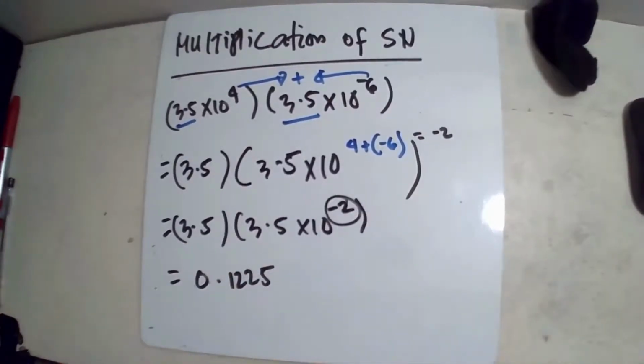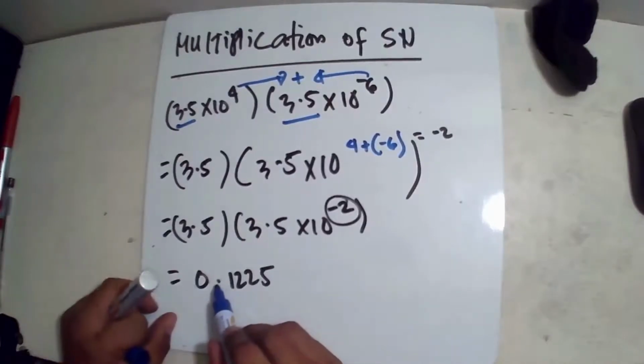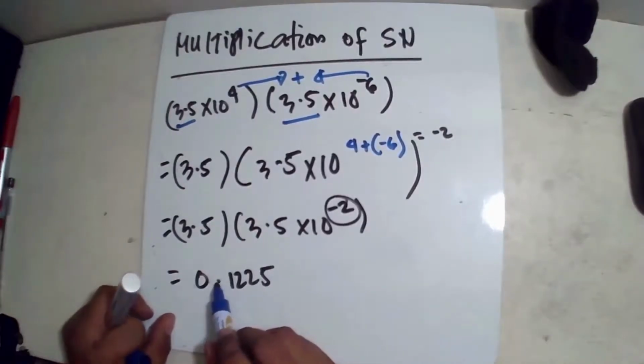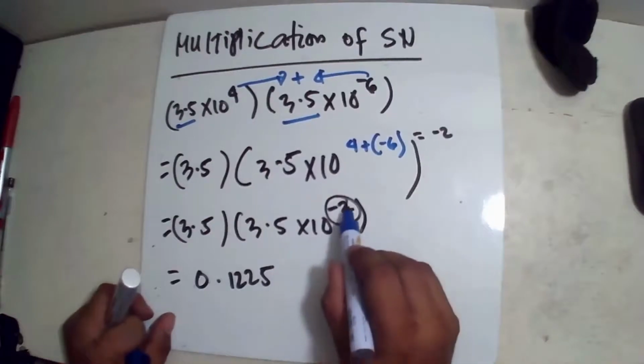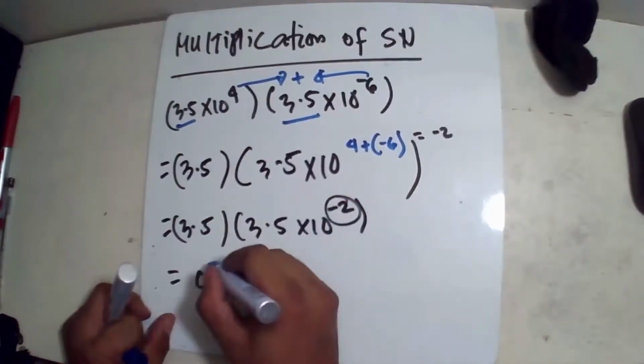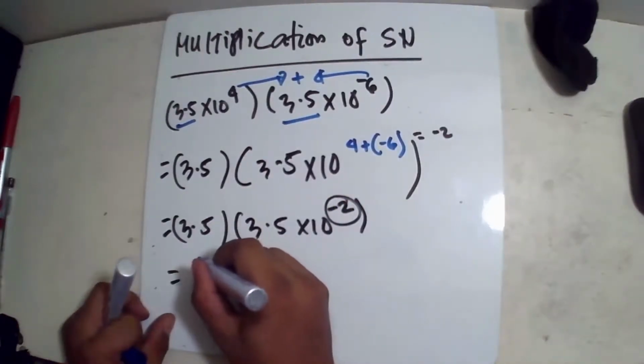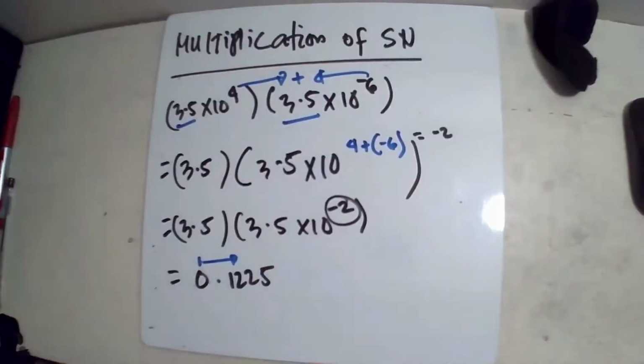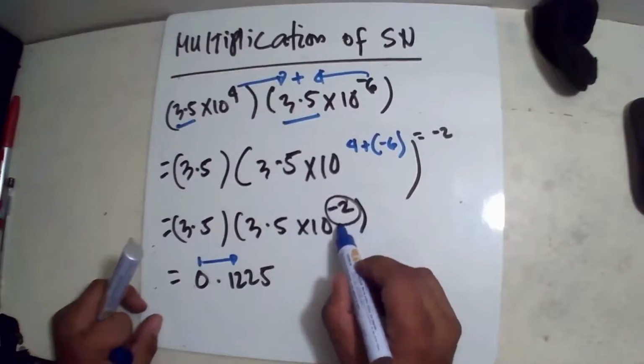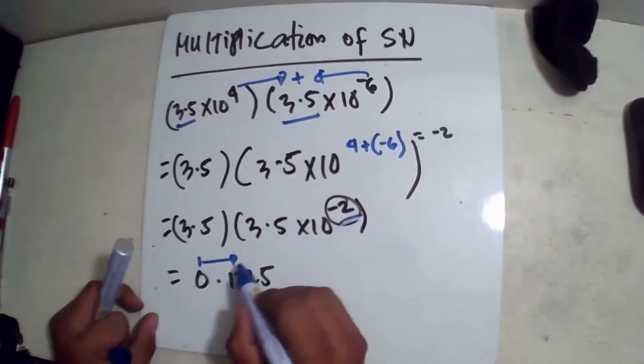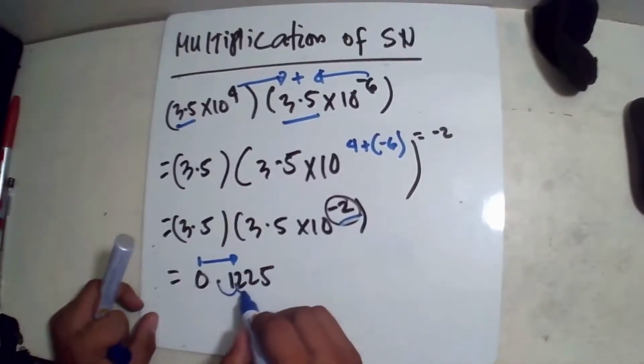From this expression, we will move our decimal point by 2. How many movements? 2. Since it is negative, 1, 2.